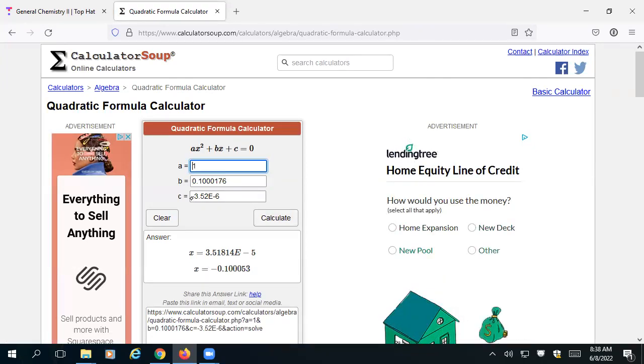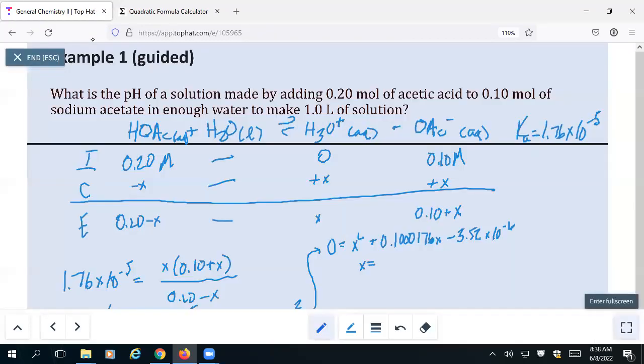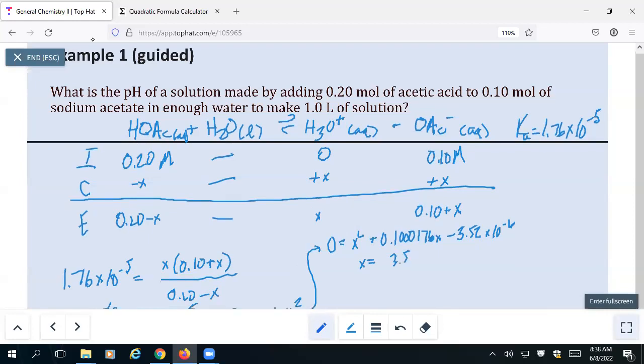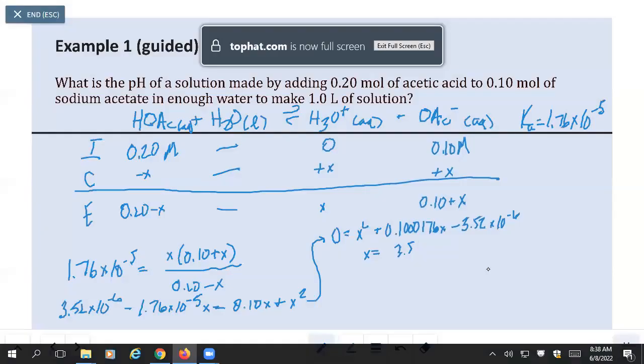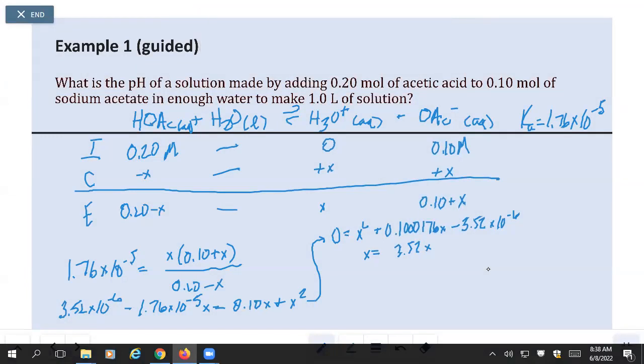So again, two answers come up. One is going to be nonsense. Obviously, we can't have a negative concentration. 3.52 times 10 to the negative fifth is our value of X, which is also our value of hydronium.